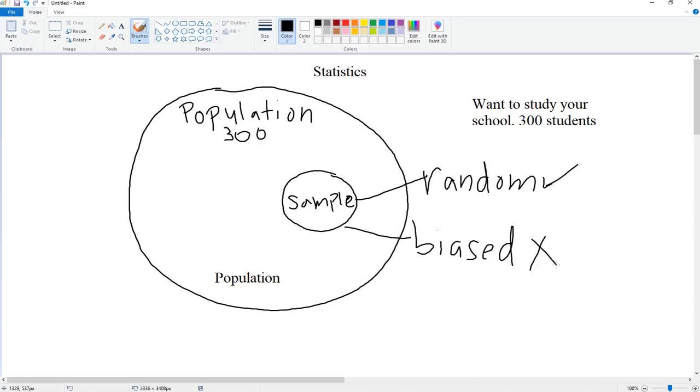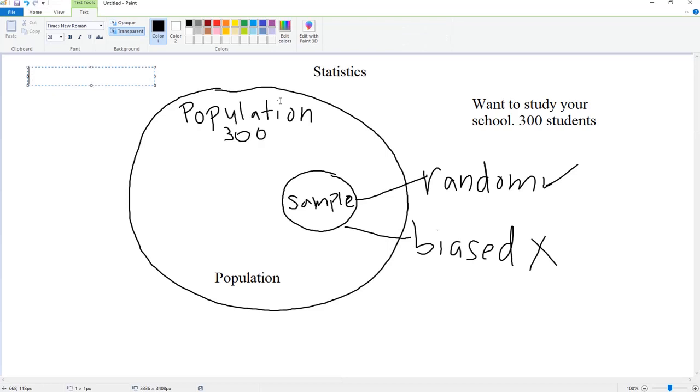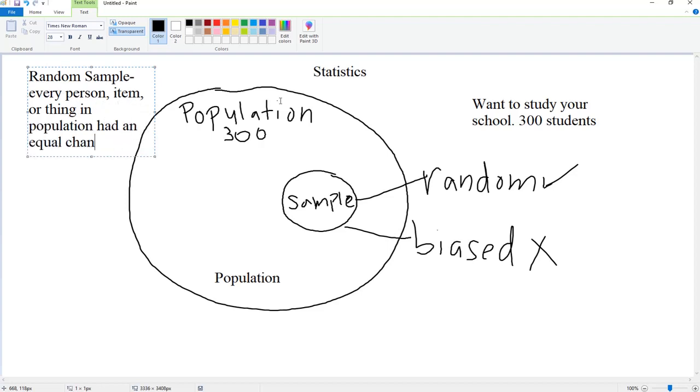Now, a random sample means that every single person in the population has an equal chance to get picked for your sample. So random sample means every person, item, or thing in the population had an equal chance to be a part of the sample.